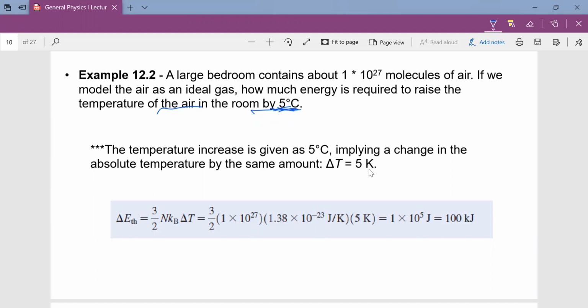We had to understand that the statement told us something about a change in temperature. And we have established that when looking at the scaling of temperature, the change in temperature on the Celsius scale is equal to the change in temperature on the Kelvin scale.